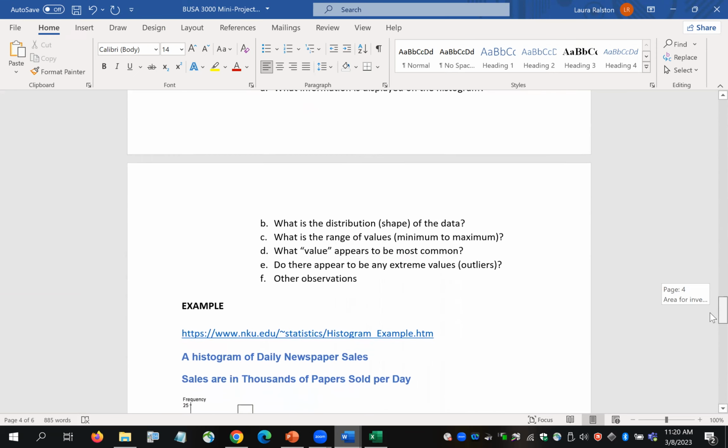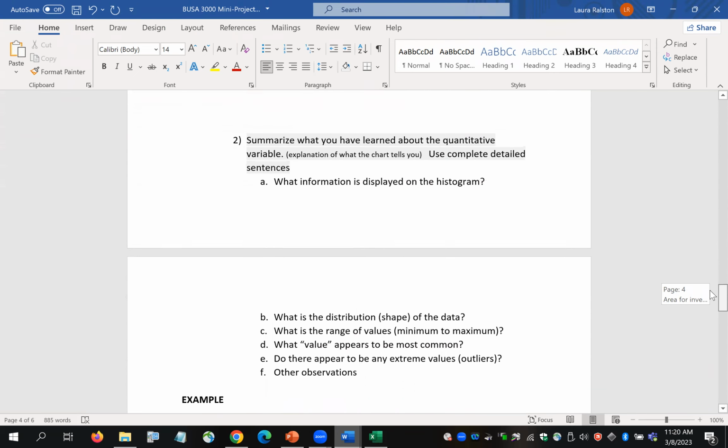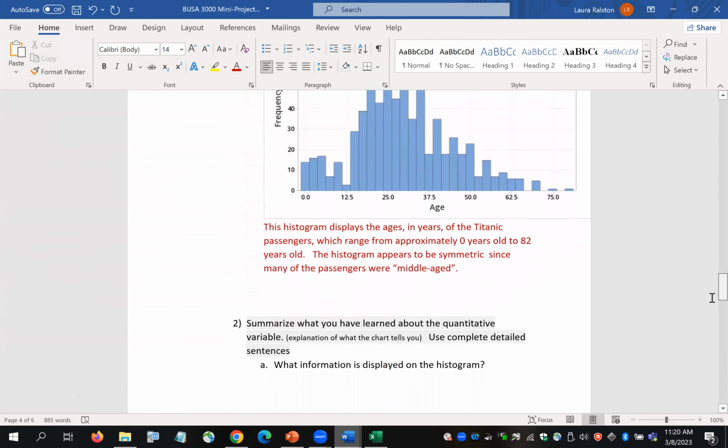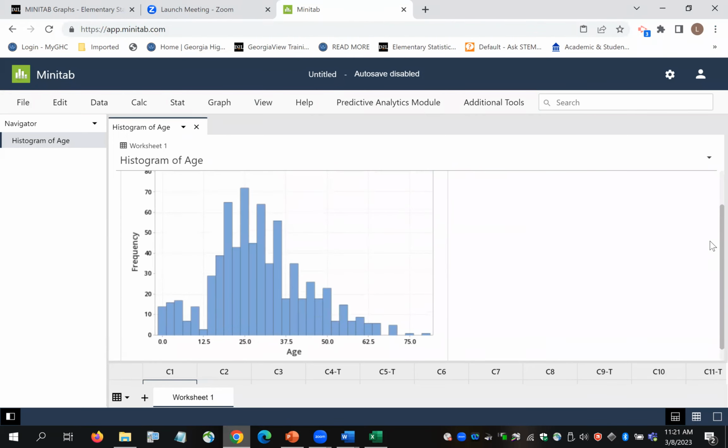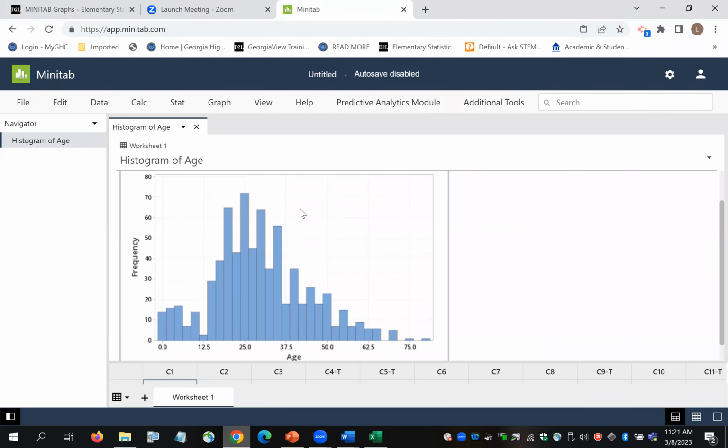Other things I ask you to do, what value appears to be most common? Do there appear to be any outliers? So most common, think about it on the histogram, is going to be the bar that's the tallest. So again, if I come back to Minitab, the bar that was tallest, it appears that there were 72 people between the ages of 23.75 and 26. So I might say between 23 and 27.